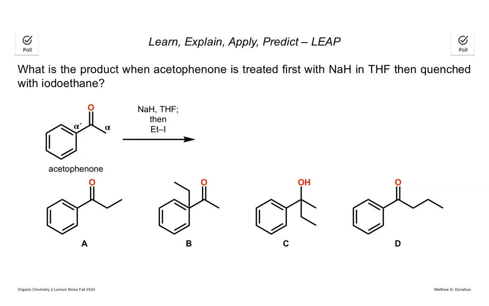So now that we have a good preparation of things, let's look at the alkylation reaction. That was the top one on the first slide. We're going to use sodium hydride and THF to generate the enolate, and then we're going to add ethyl iodide.